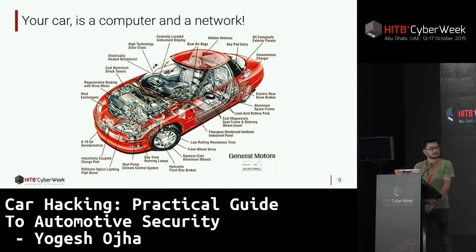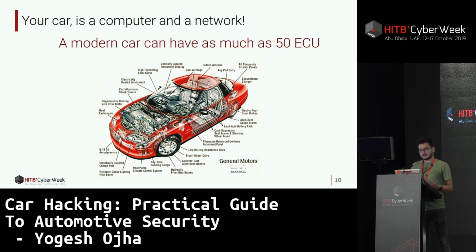Yes, your car has a computer, but the real question is how many? Any guesses how many computers your modern car might have? Just a random guess? Somewhere close to 50 to 100 in modern cars. Your Tesla has somewhere around 50 to 60 ECUs, what we generally call electronic control units.